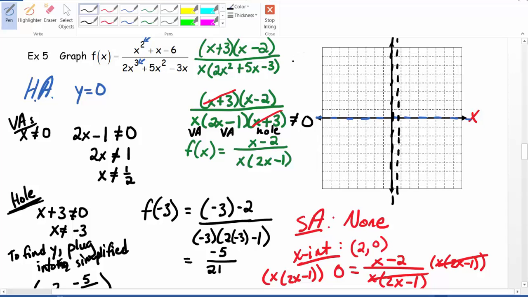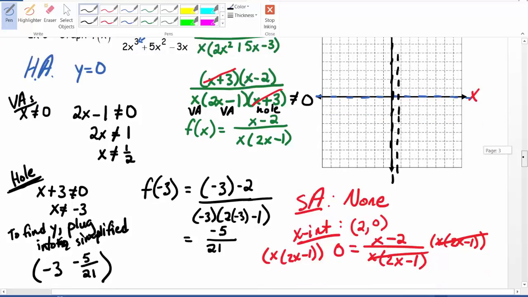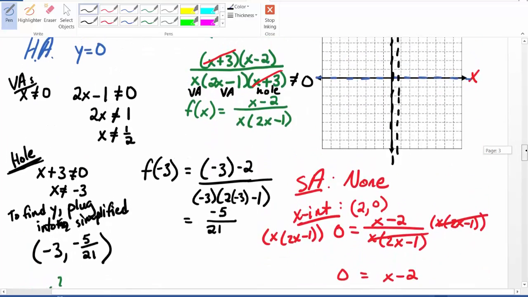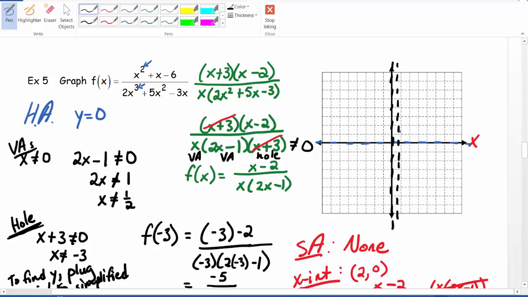Next comes our hole happening at (-3, -5 over 21). So the hole is at -3. -5 over 21 is pretty close to 0. It's almost a fourth, -1/4, so it's about here.